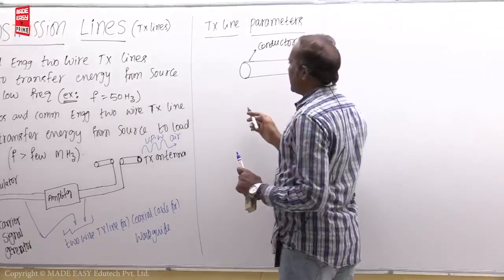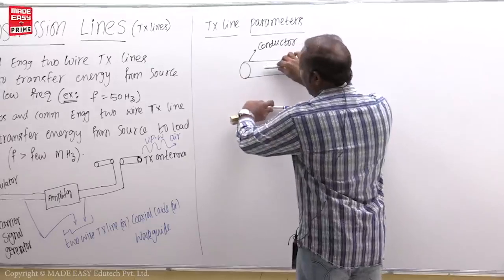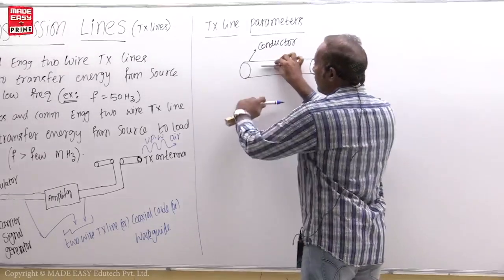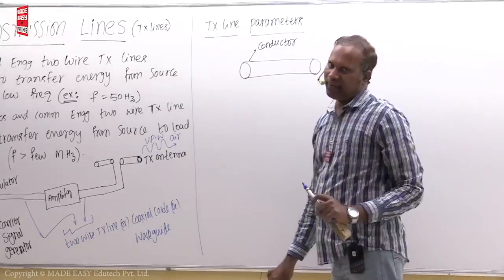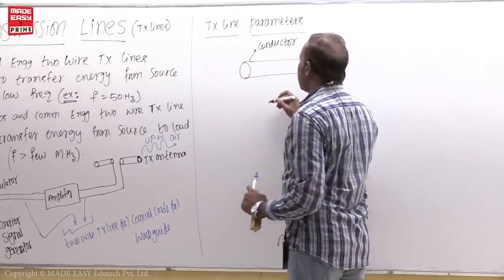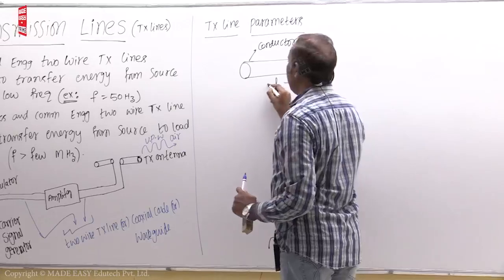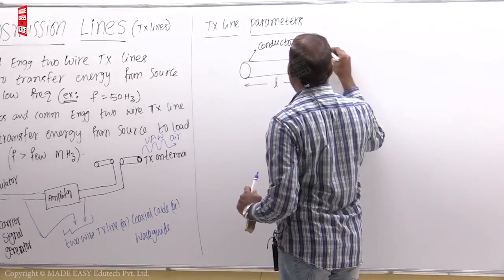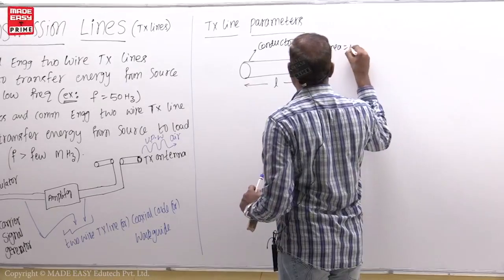Out of two conductors, this is one conductor, one more conductor will be there. I am discussing the behavior of this conductor. Automatically the bottom conductor also behaves in the same way. Now let us say this conductor length is L. Now the cross-sectional area is equal to A.